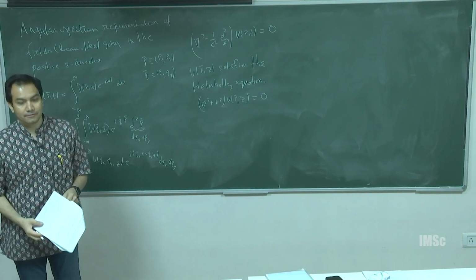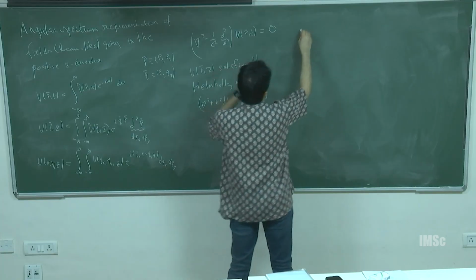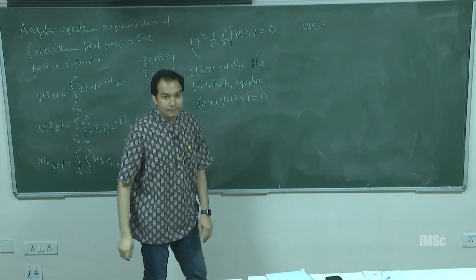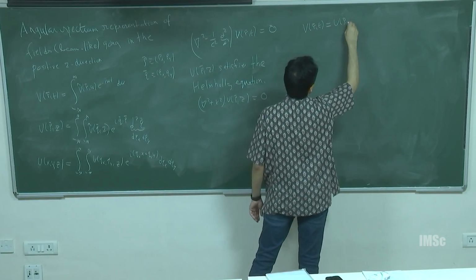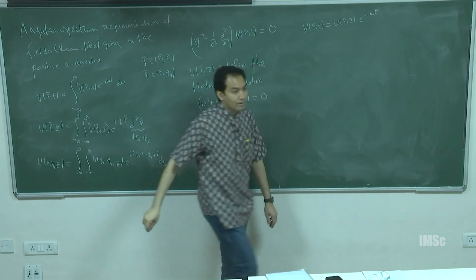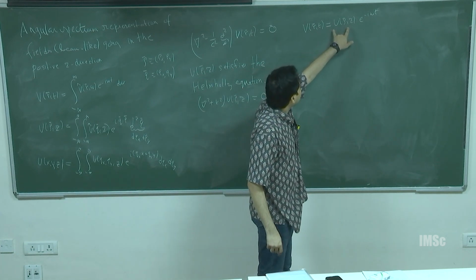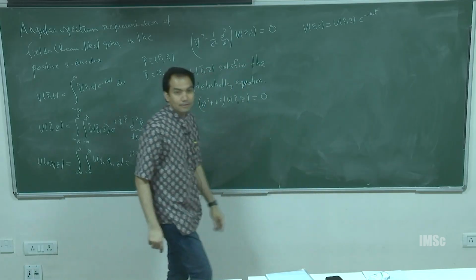Now, why is this the case? Because we assume that the optical field V of r, t can be written as u of r times e to the plus or minus i omega t. So, in a sense, we assume that the spatial part and the temporal part can be separated.